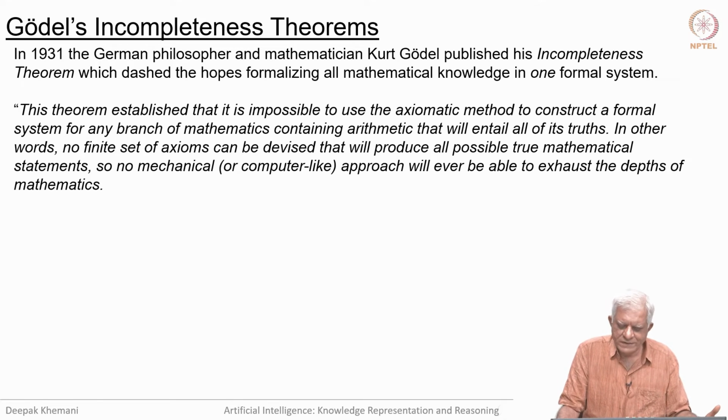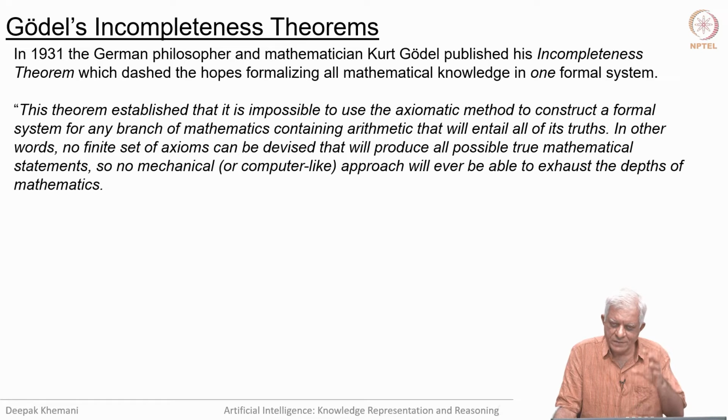So, I am just quoting, I will give you the cite in a moment. This theorem established that it is impossible to use the axiomatic method to construct a formal system for any branch of mathematics containing arithmetic that will contain all its truths. What does it mean? That you cannot build an axiomatic system.